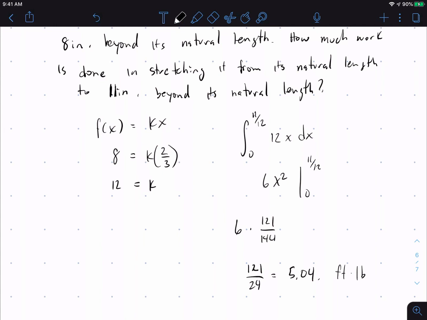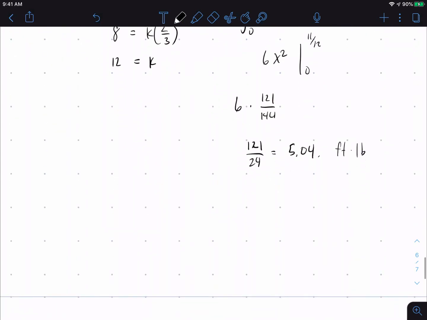It would have been joules if we would have been talking metric. Does that make sense? Yes. So that's one of the things you want to remember: what are you working in, metric or standard? If you're in metric, it's joules. If you're in standard, it's foot pounds. Okay. All right, cool. Let's do another one.